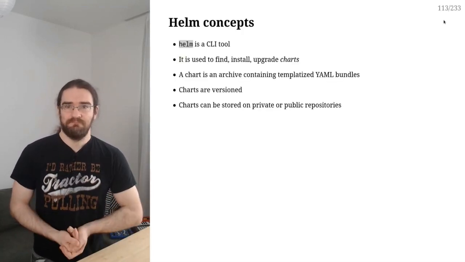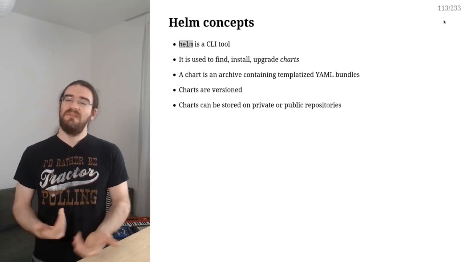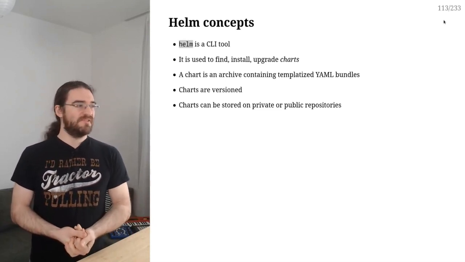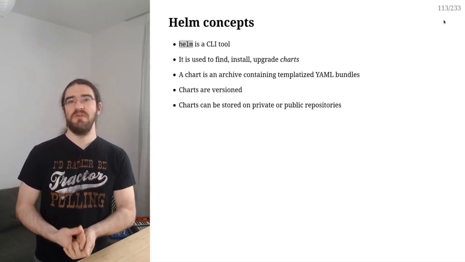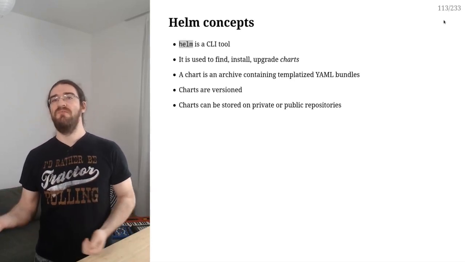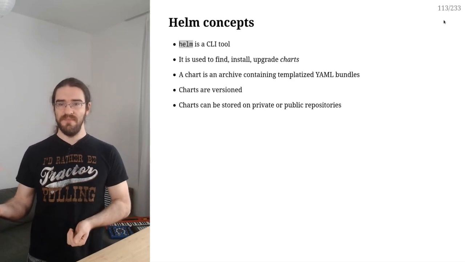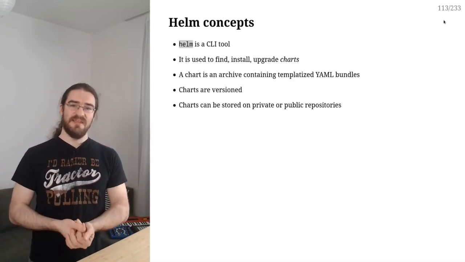That being said, how do we work with Helm? Helm itself is a CLI tool, and we are going to use it to find charts and install them. So what exactly is a chart?